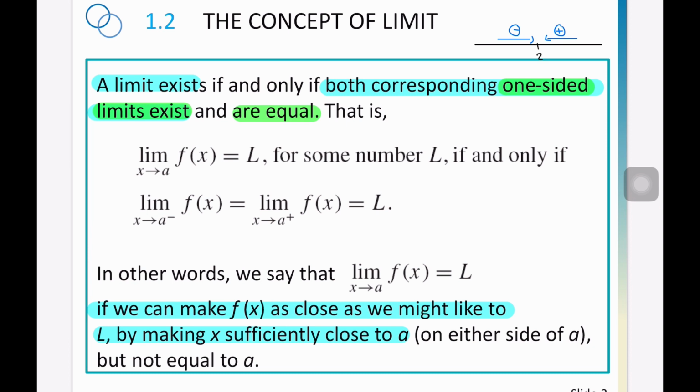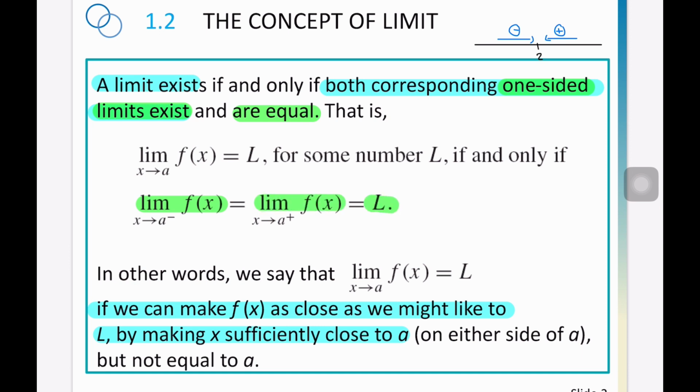So we can see here the limit of f of x as x approaches a from the negative side equals the limit of f of x as x approaches a from the positive side, and they are both equal to each other.